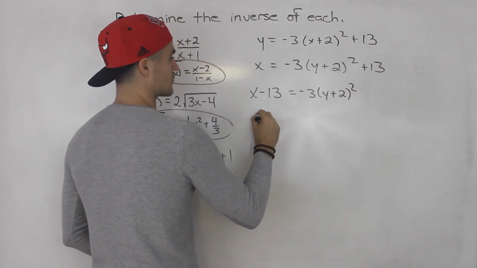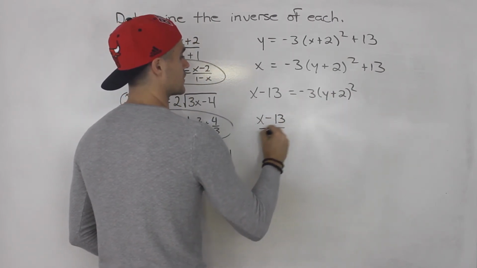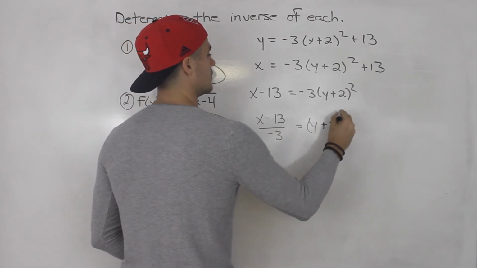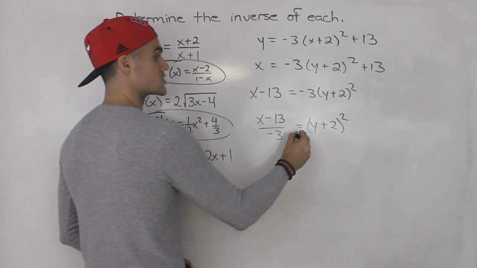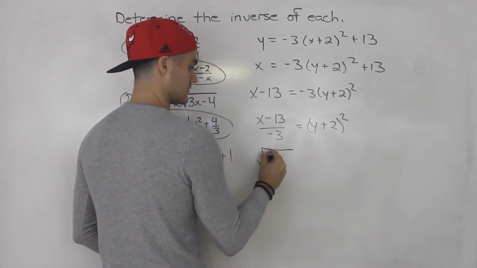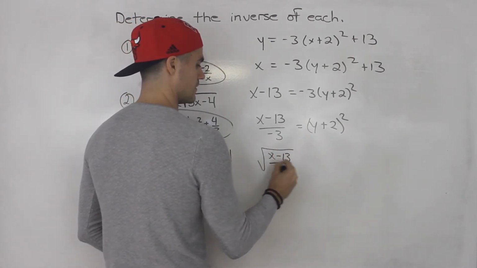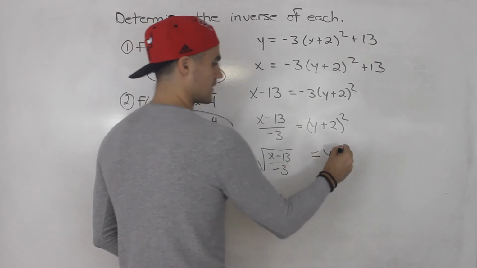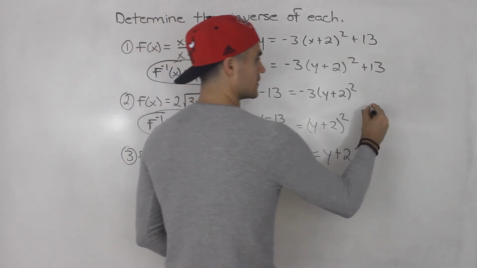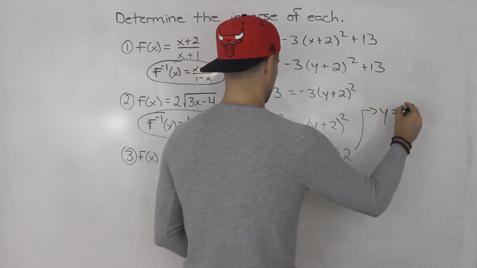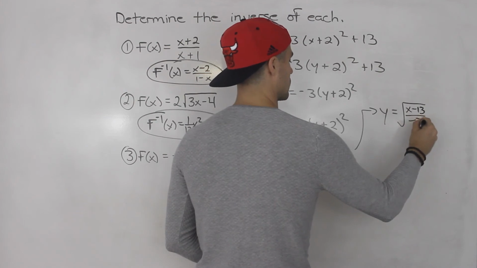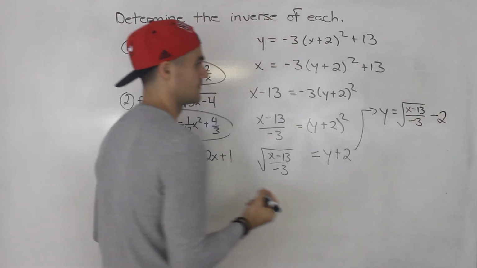Divide both sides by negative 3, so x minus 13 over negative 3 equals y plus 2 squared. Square root both sides. Right, and here we'll have y plus 2, and then bring this 2 over. So we end up with y equals the square root of x minus 13 over negative 3, minus 2.